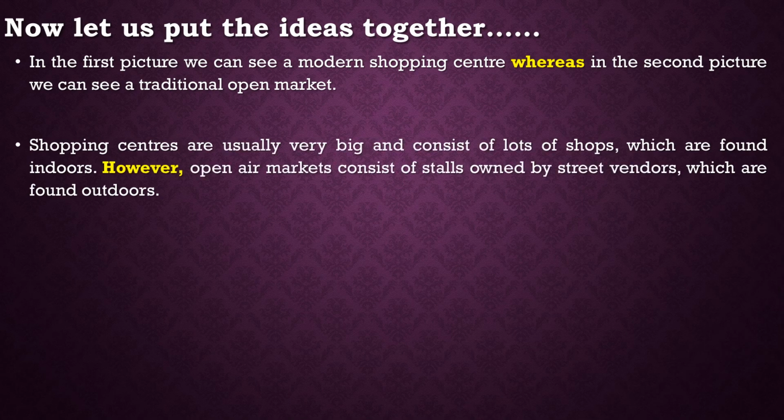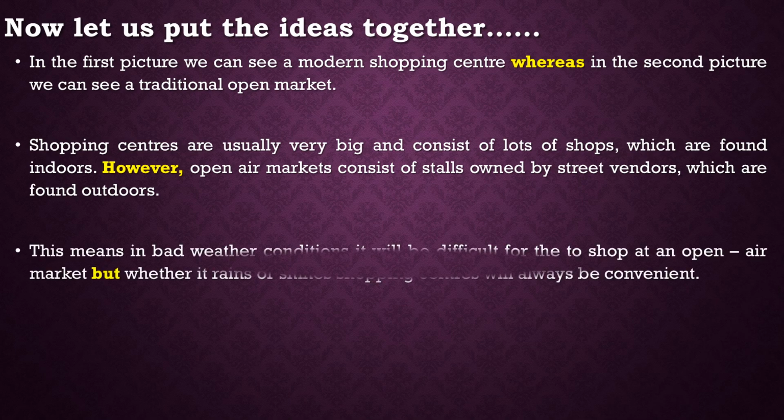Shopping centers are usually very big and consist of lots of shops which are found indoors. However, open air markets consist of stalls owned by street vendors which are found outdoors. This means in bad weather conditions, it will be difficult to shop at an open air market. But whether it rains or shines, shopping centers will always be convenient.